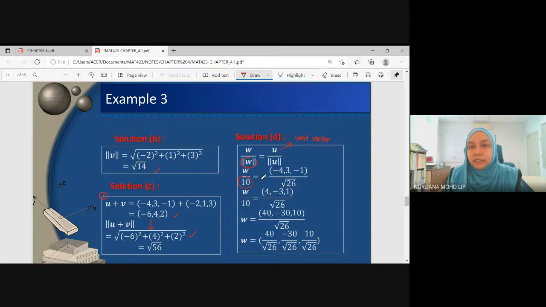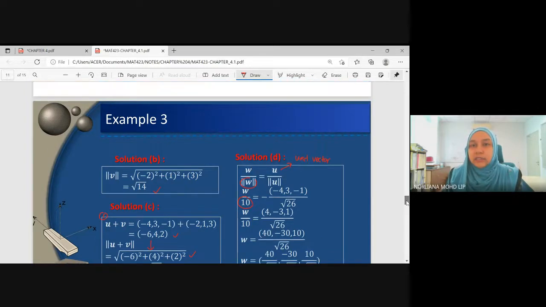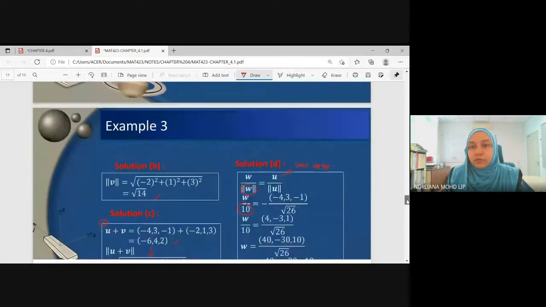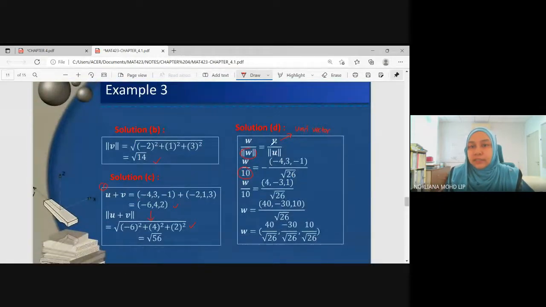The question says opposite direction, so you have to put the negative sign on U. So negative U, where U is (negative 4, 3, negative 1), over the magnitude of U, which is square root 26.